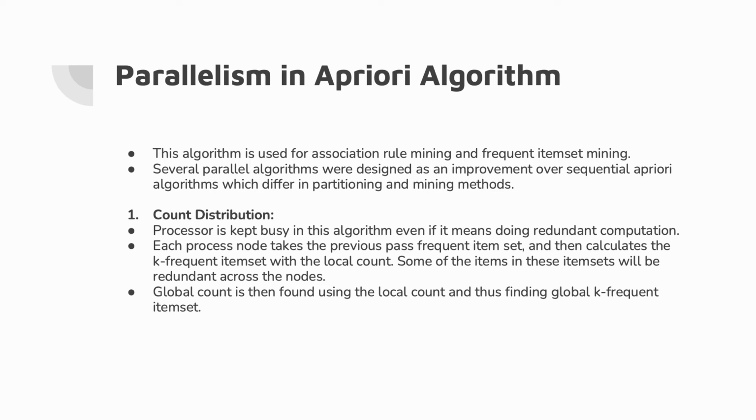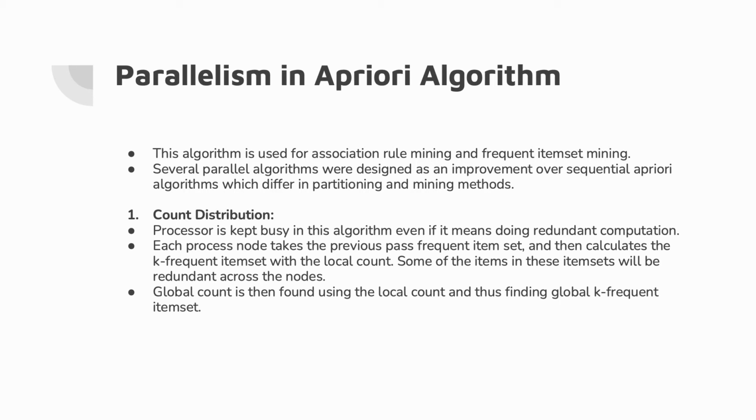So let's see the first algorithm type. First will be the count distribution. In the count distribution, we try to keep the processors busy even if it means doing redundant computations. Each process node takes the previously found frequent itemsets and then calculates the k frequent itemsets with its local count.